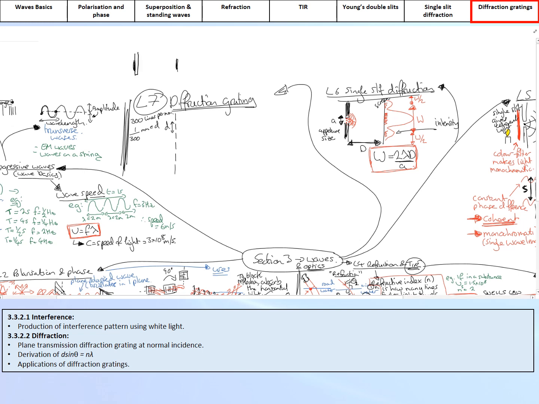Here is slit number 1, and then halfway along slit number 2. Slit number 3 will come in the next millimetre, so each one of these will have a separation of half a millimetre, assuming that the width of the slit is small compared to the gap between the slits.